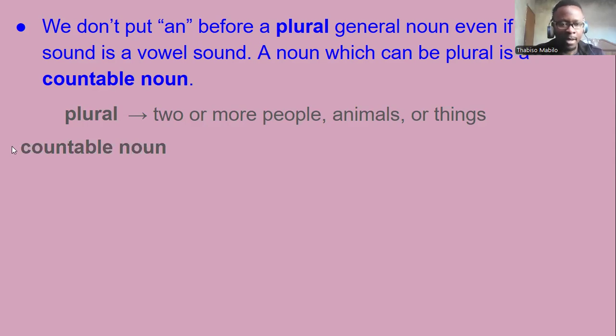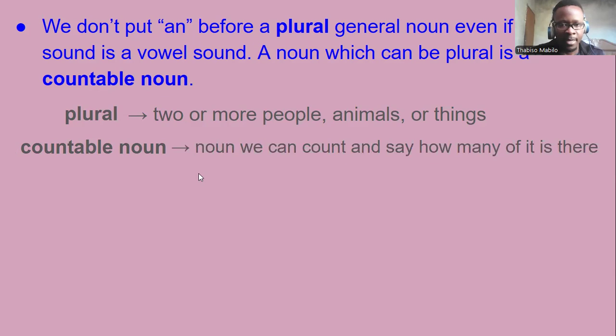Countable. A countable noun means a noun we can count and say how many of it there are. For example, I have a pen here, so I have one pen. But if I take another object similar to this one, then I have two. So I can count one, two, three, four, five pens.